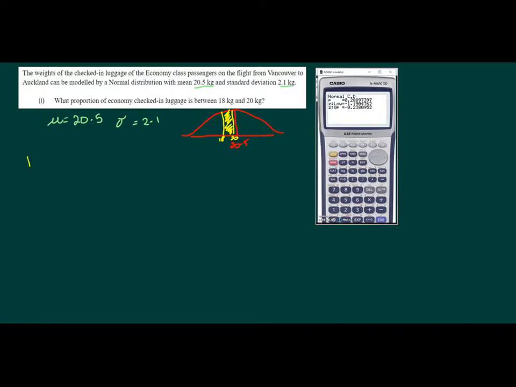So the probability of our baggage being between 18 and 20 is equal to 0.289, rounded to 3 decimal places. That's how you do that.